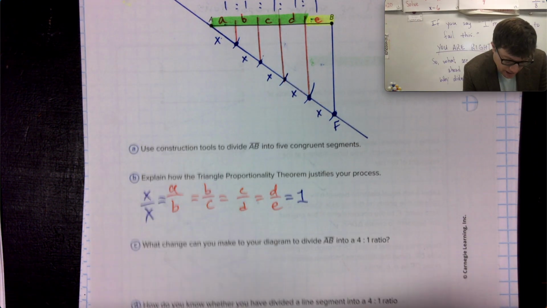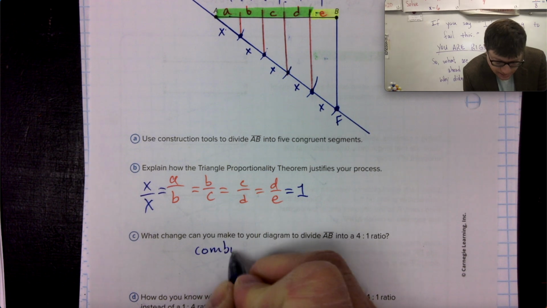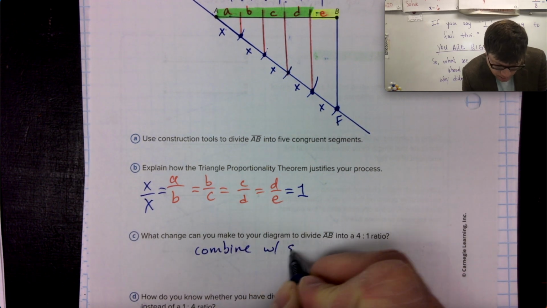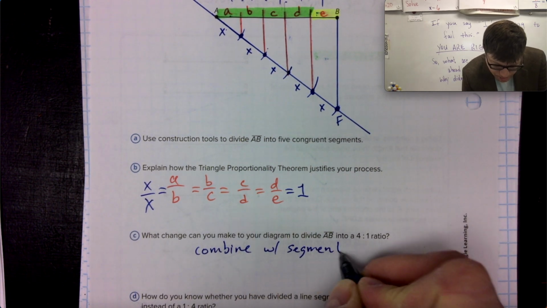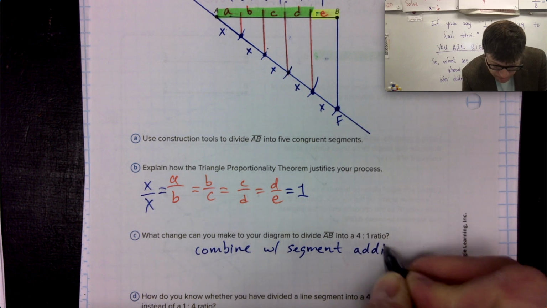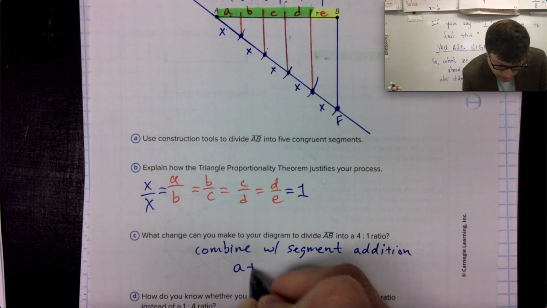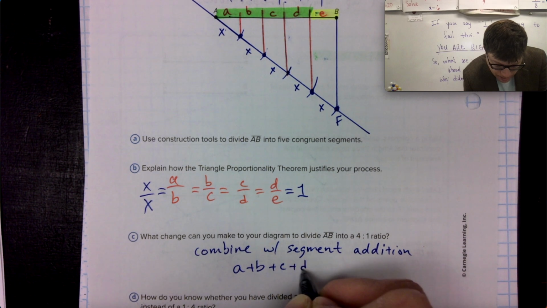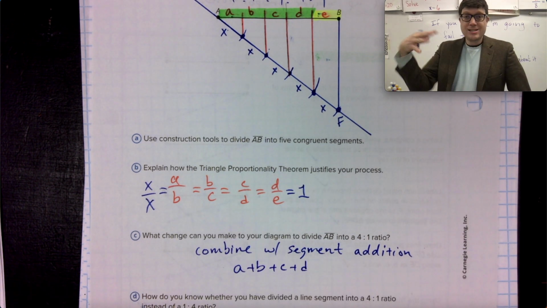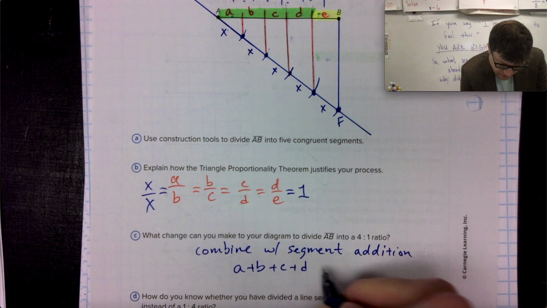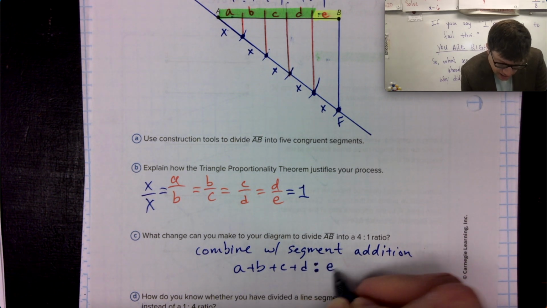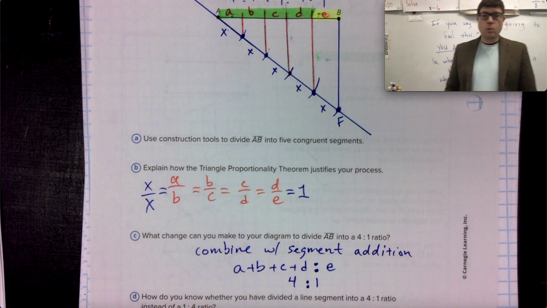So if I combine through segment addition, A plus B plus C plus D, they will all add up to 4 segments. And if I compare that to segment E, that makes a 4 to 1 ratio.